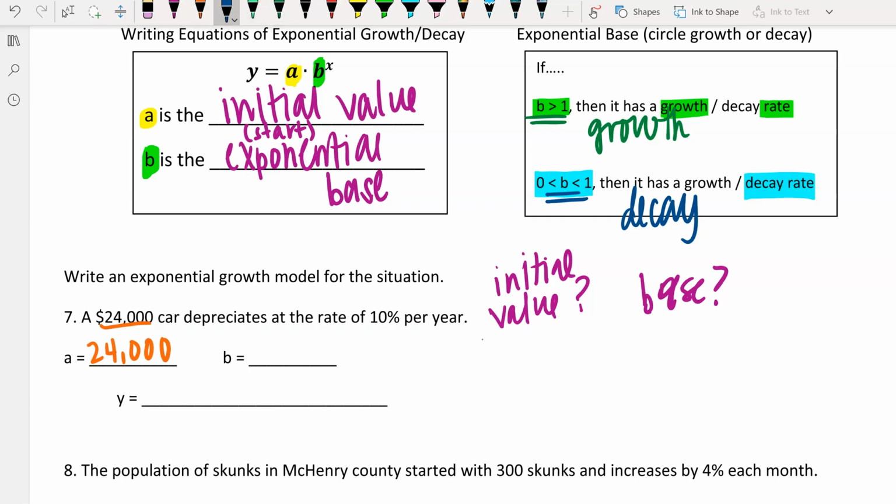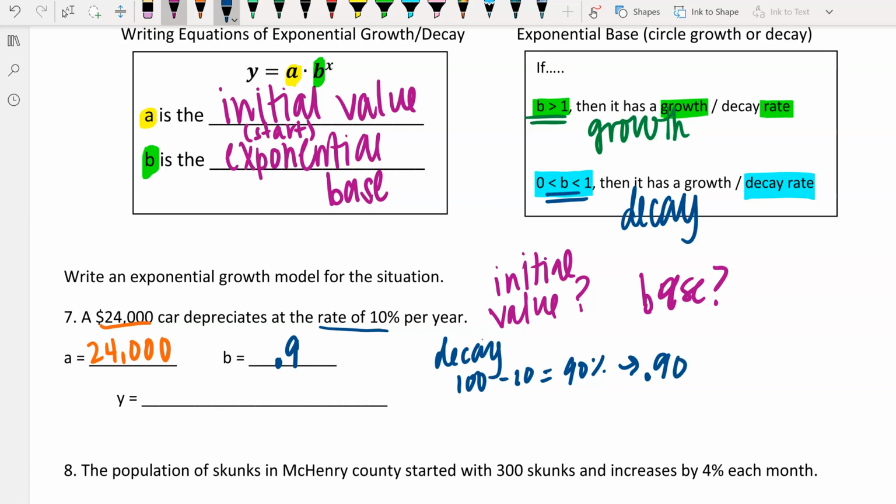So it's a decay function, which means we're going to take 100 minus 10 to get 90%. Then we need to write B as a decimal, which is what we did on the last page. So B here is going to be 0.90 because that's 90%.